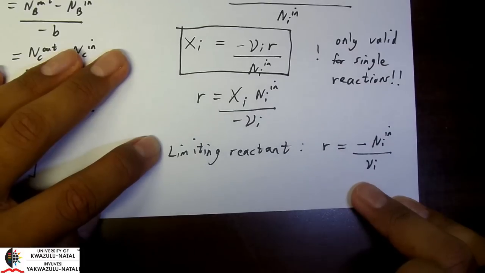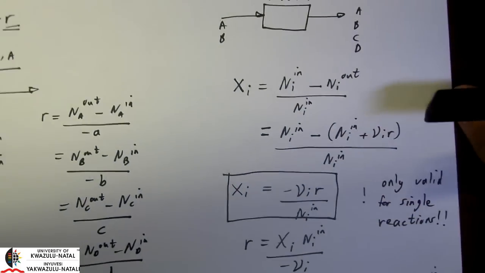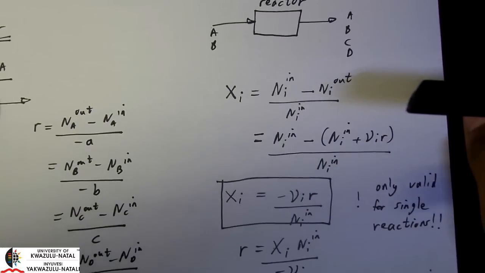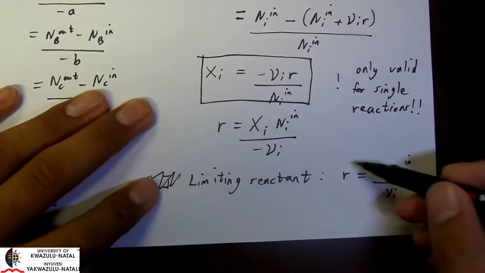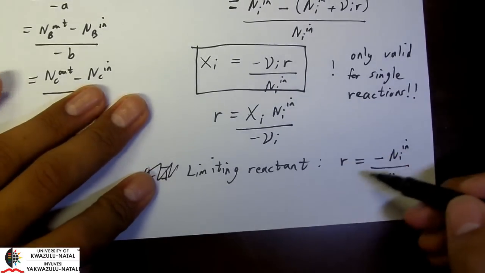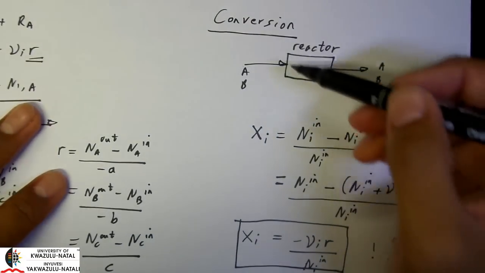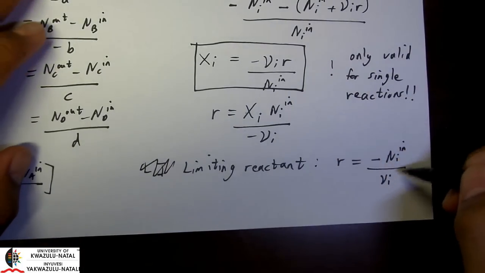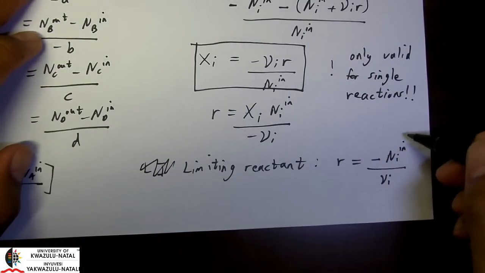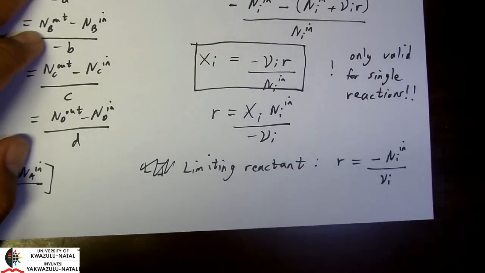But generally what I can say for now is that if you are confronted with a problem and you do not know which reactant is the limiting reactant, then you can simply calculate the R value for each of the reactants. Let's say there are only two reactants, A and B: we can find our R using the molar flow rate of A coming in and the molar flow rate of B coming in, and compare.